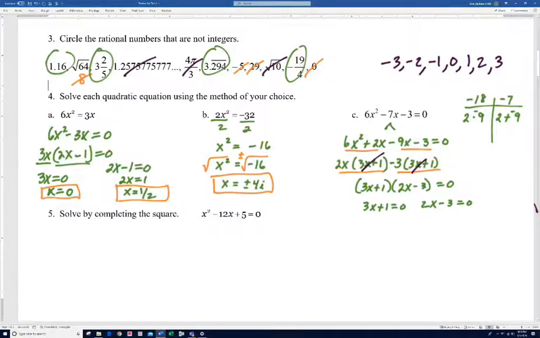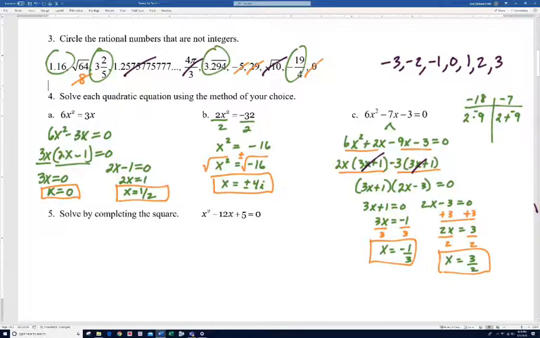So for 3x plus 1 equals 0, we'll subtract 1 on both sides, and then divide by 3, and we get x is equal to negative 1/3. For the other one, we're going to add 3 to both sides. We get 2x equals 3, so we'll divide by 2, and we get x is 3/2.